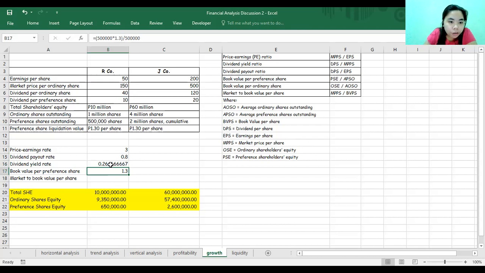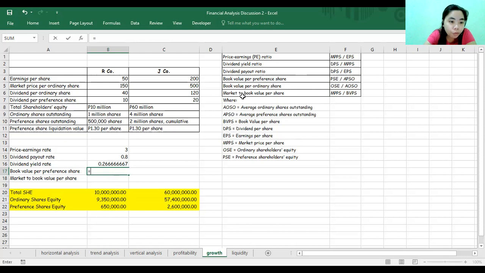Okay? So for your book value per preference share, that would be your preference share equity divided by the number of preference shares.